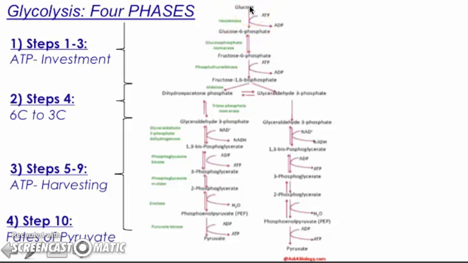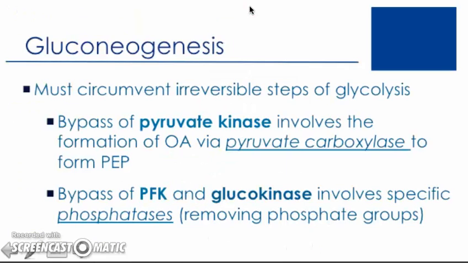The enzymes allowing for each of the irreversible steps to be bypassed are active specifically in the liver. We will go over each of these enzymes and the process involved in bypassing each of the irreversible steps. Bypassing PFK and glucokinase involve the activity of phosphatase enzymes.